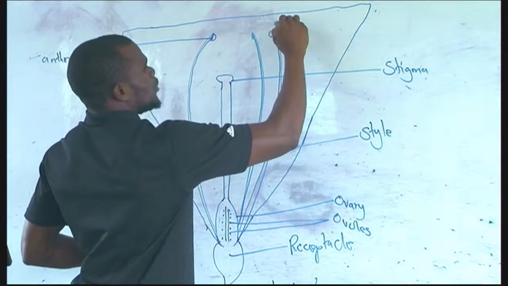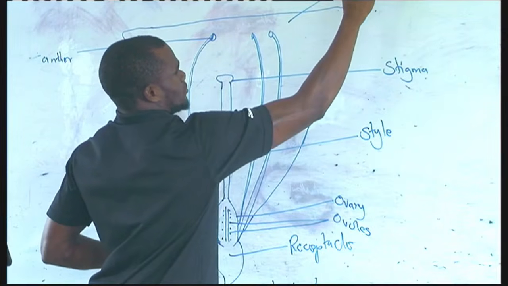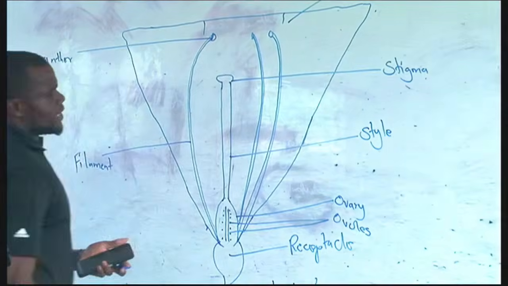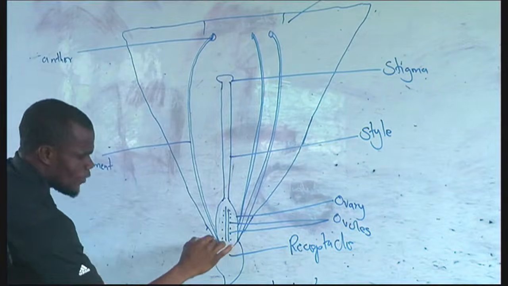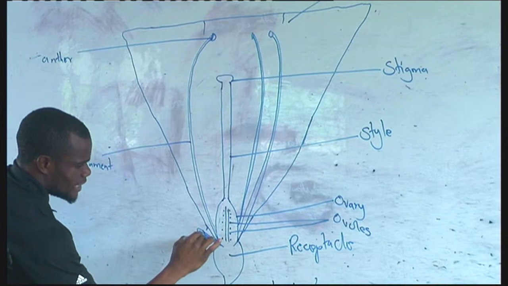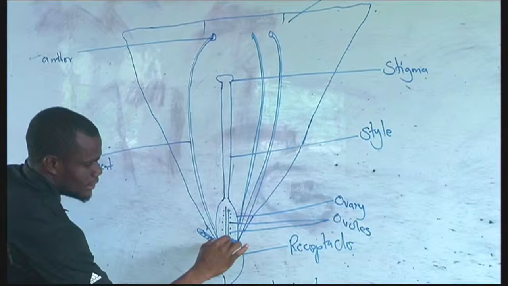And then we also have the petal. And we are forgetting a very important structure down here that are leaf-like.